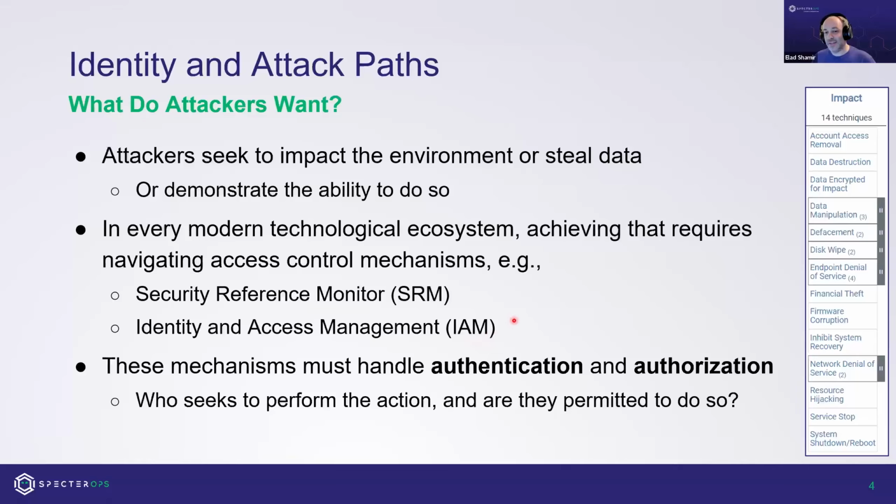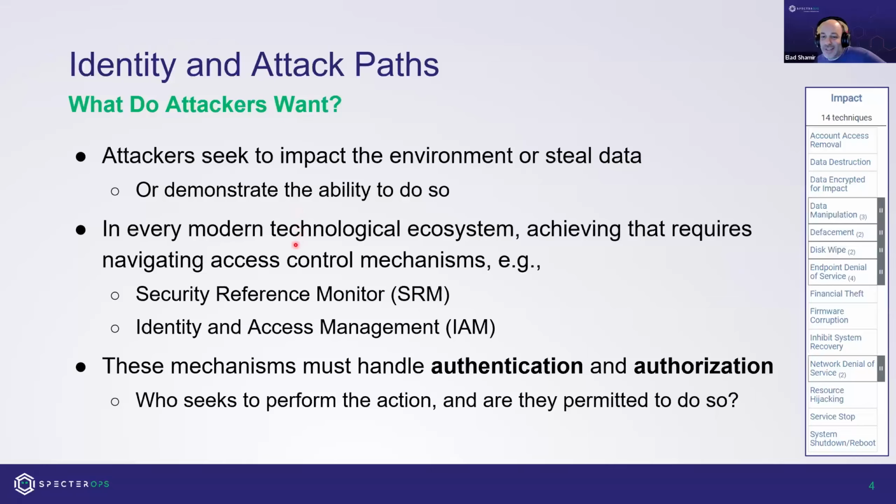Whatever it is, there's always some access control mechanism that they need to navigate. Some people like to argue about this point, but I would insist that even if you exploit an unauthenticated remote code execution vulnerability, you're still implicitly navigating an access control mechanism to achieve impact.